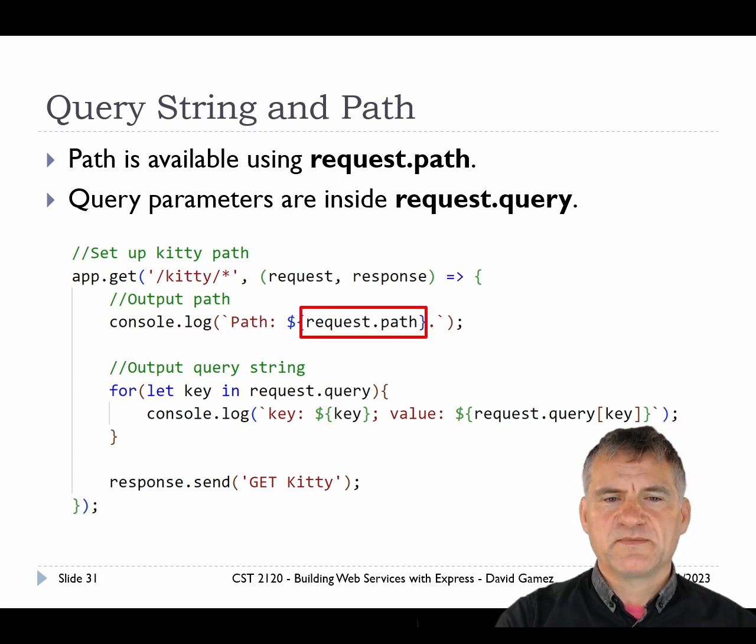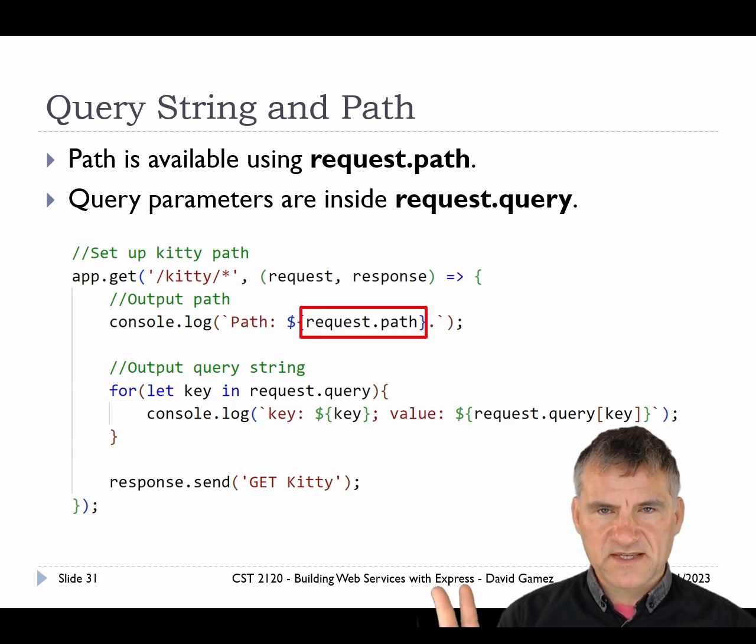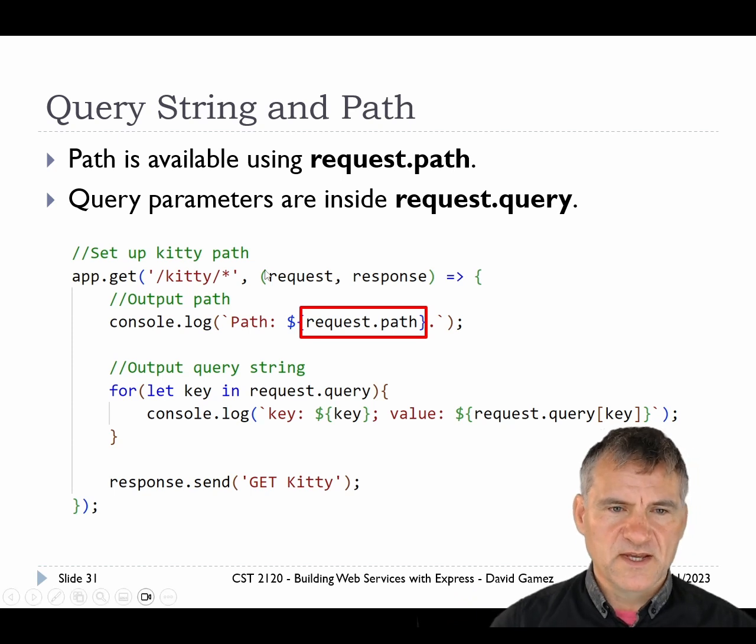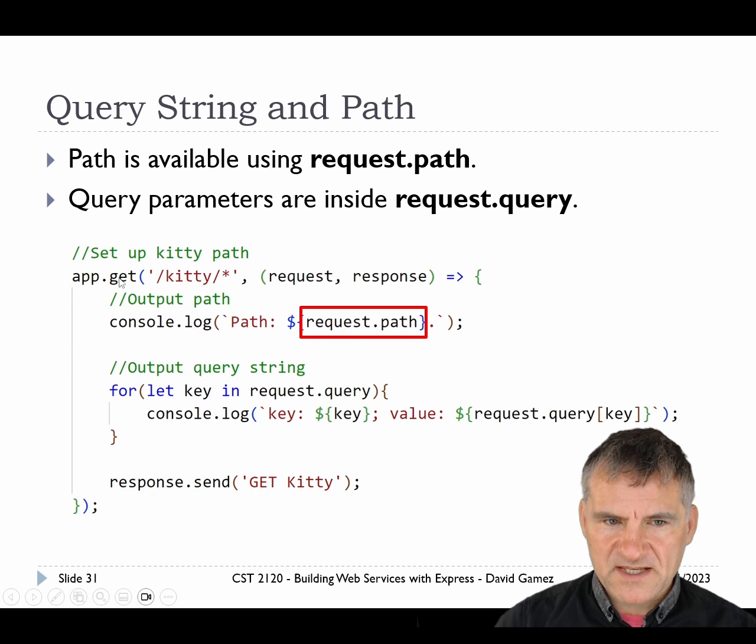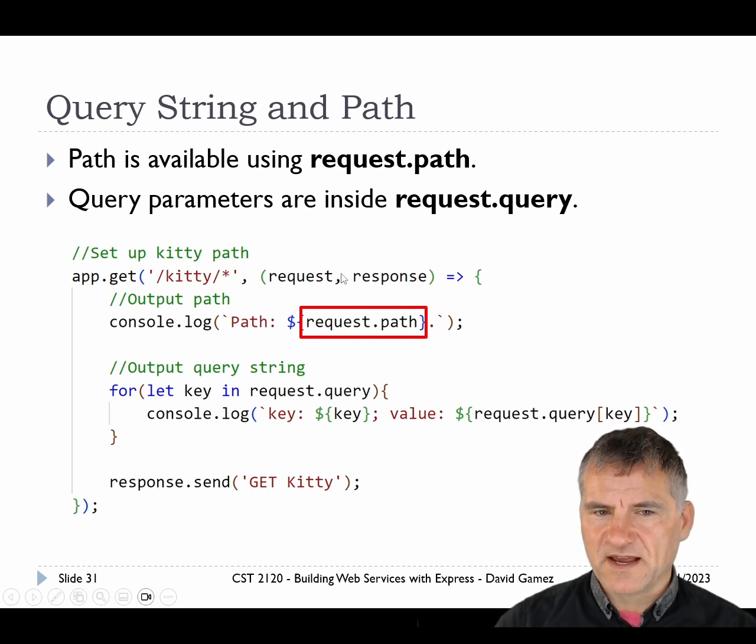In this code, what I'm doing is outputting the path that's been sent to the server, and here, remember, I'm listening on /*, so I can send any kind of paths I like. Obviously we're specifying some of the path when we set up the handler initially, but the path could have all kinds of complicated stuff after /kitty, and we can process it in this particular handler.